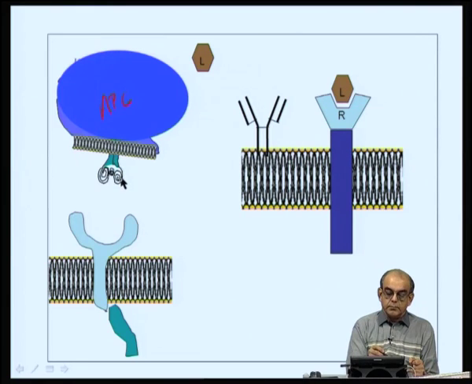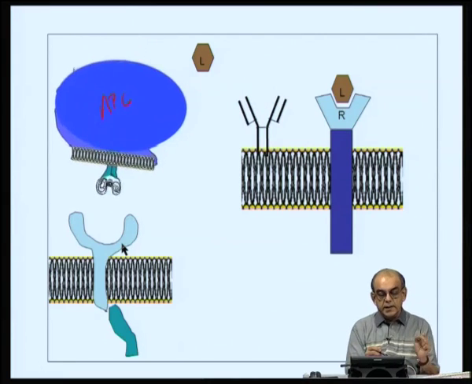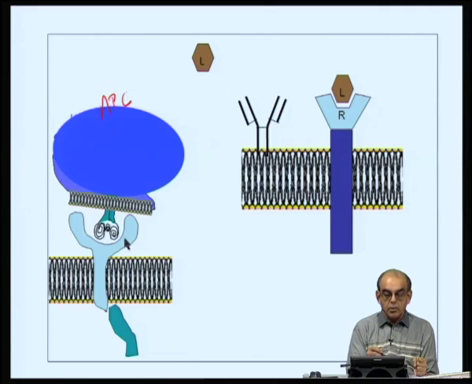This peptide loaded MHC class 1 or class 2 has to be perceived by the T cell, and the structure that is present on the T cell is called the T cell receptor, that is represented over here. And this interaction is basically what causes the T cells to activate.